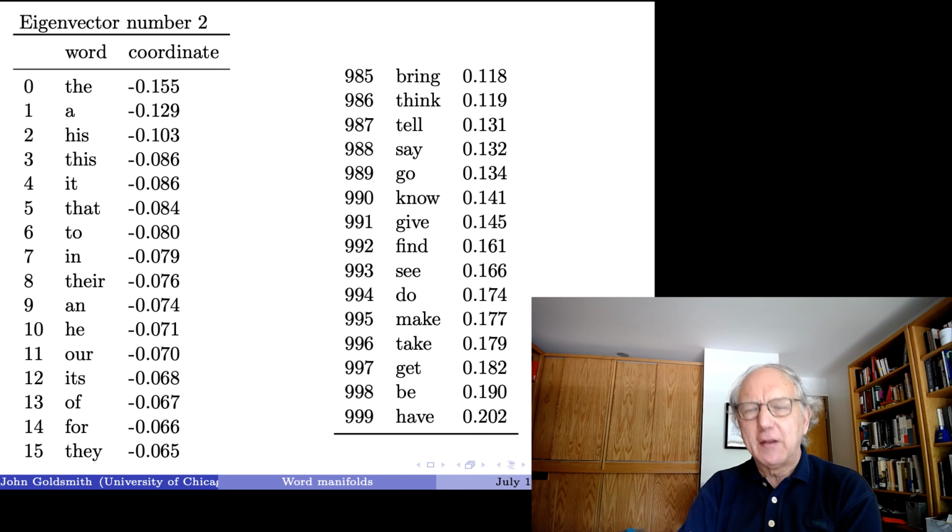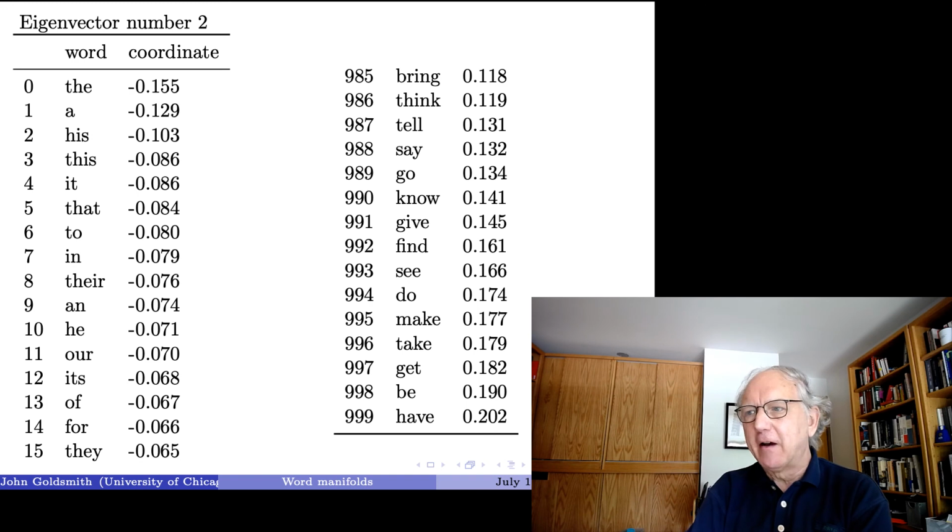The, a, his, and this could be followed by a noun. It also begins a noun phrase, but it also ends that noun phrase. Nothing follows it inside. It just stands in the role of an NP. That, to, in don't fall under the same generalization.